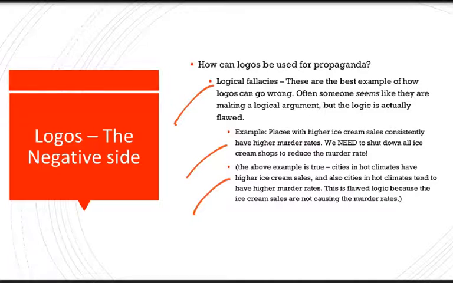So it has nothing to do with ice cream. That's just a coincidence, right? So this is a flaw in logos. This is a flaw in the logical argument that this argument is trying to make, right? So sometimes logos can be faulty. It might seem like somebody's making a good logical argument, but in reality, it's a logical fallacy, which is a type of propaganda.